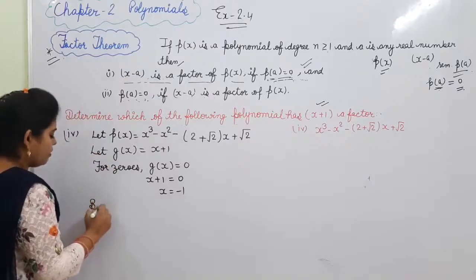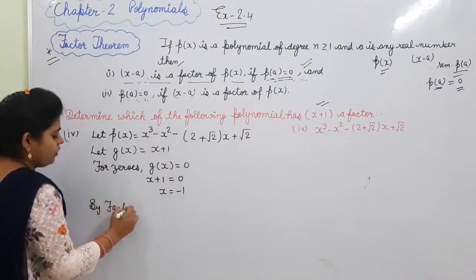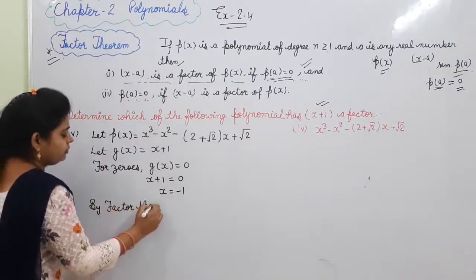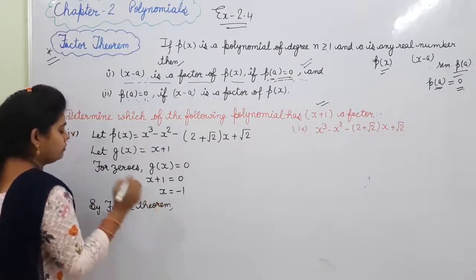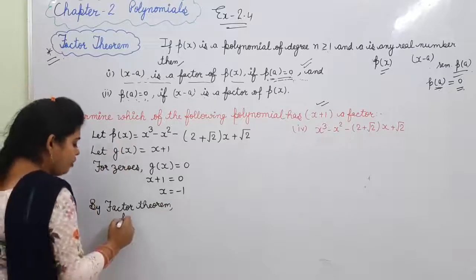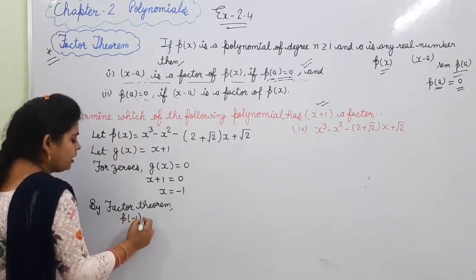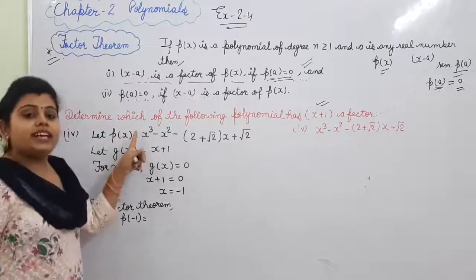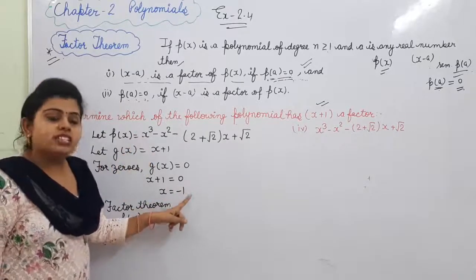So by factor theorem, now what we will find? We will find P of A means P of minus 1. It means we will replace x by minus 1.